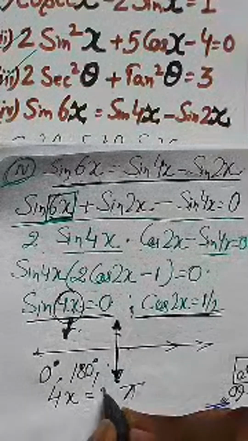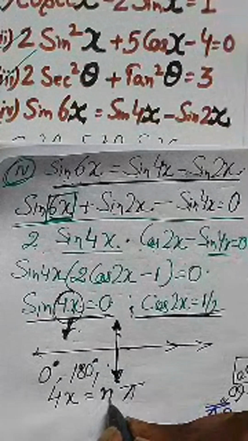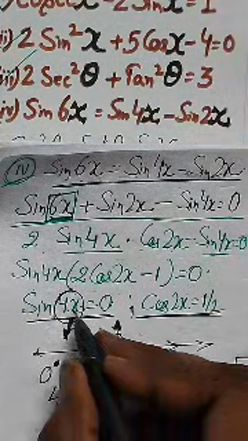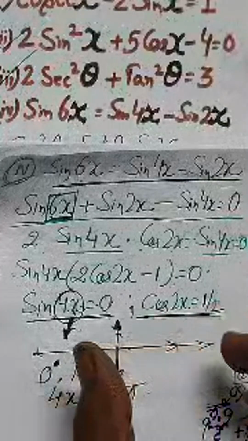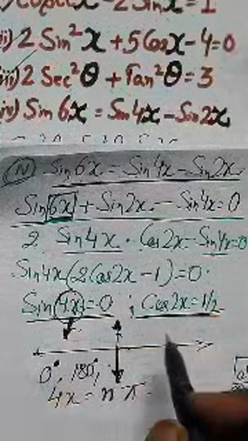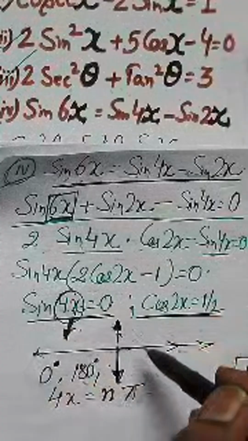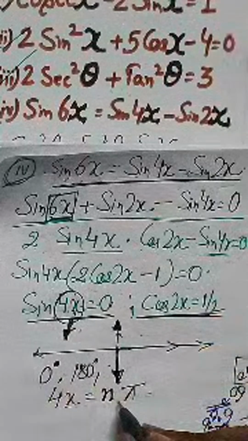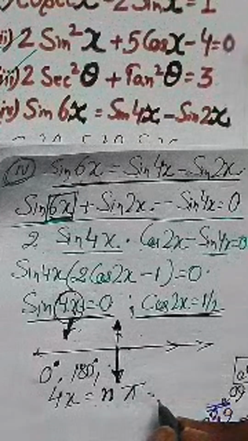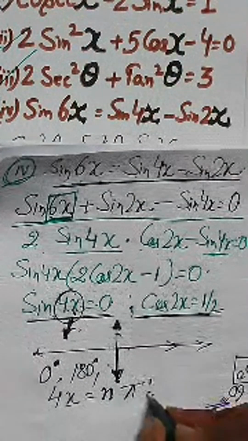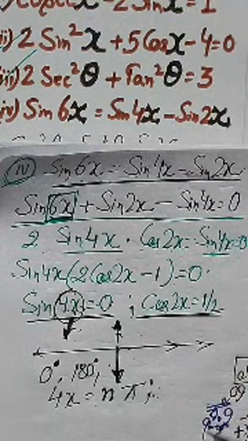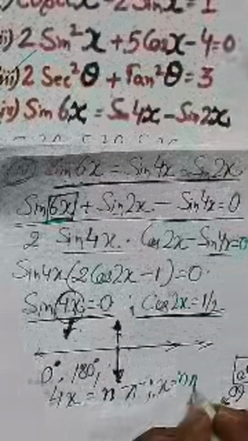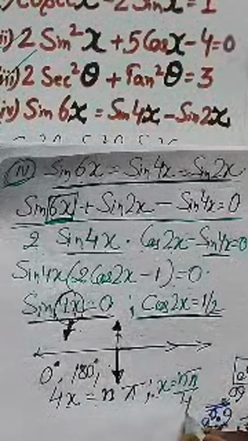So let's say it can be coming any times, n times, because in this question the value of x is not mentioned to be lying between 0 and 360 degree only. So that's why you can turn n number of times over here into these four quadrants, right? So 4x equal to n pi, so this will be giving you the value of x as equal to, tell me, n pi by 4.